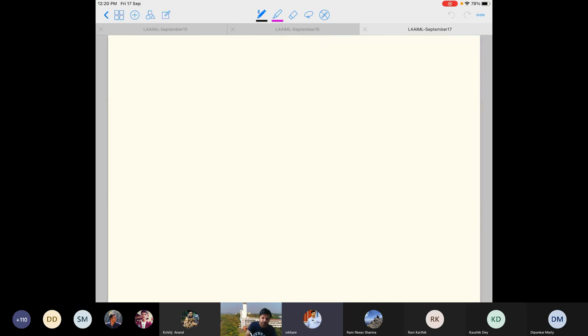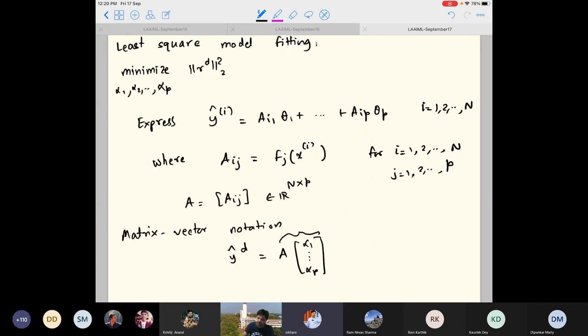So if you see, what is this residual sum of squares? The residual is basically yd minus y hat d, correct? And what is this equal to? yd minus A into alpha, where alpha is the p dimensional vector alpha 1 up to alpha p.